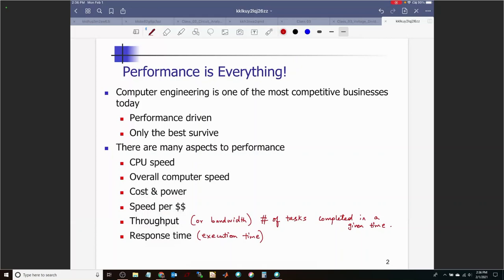Start and completion of a specific task. So a lot of times you may want to reduce response time, right? I want the response to be as fast as possible.